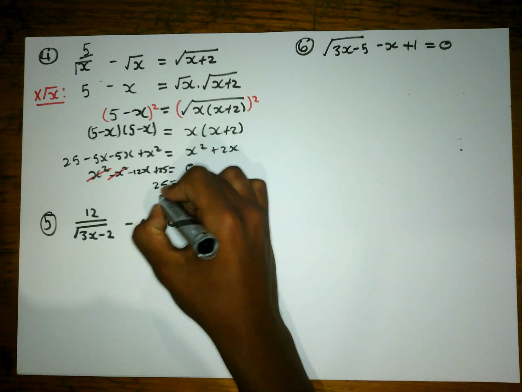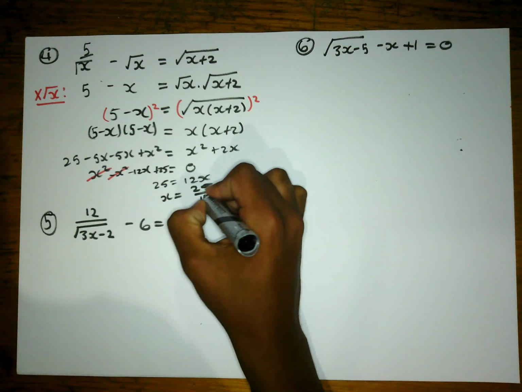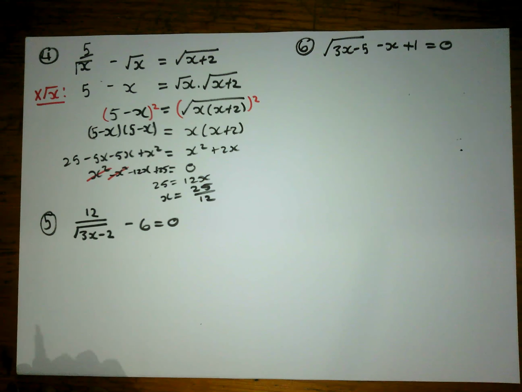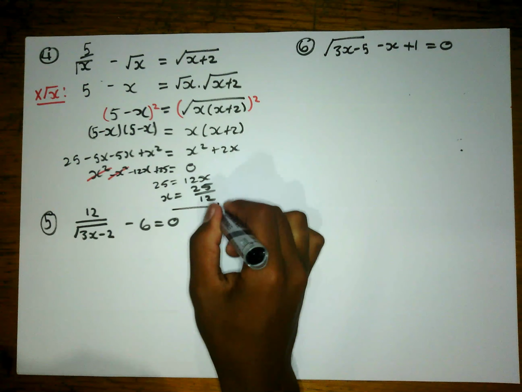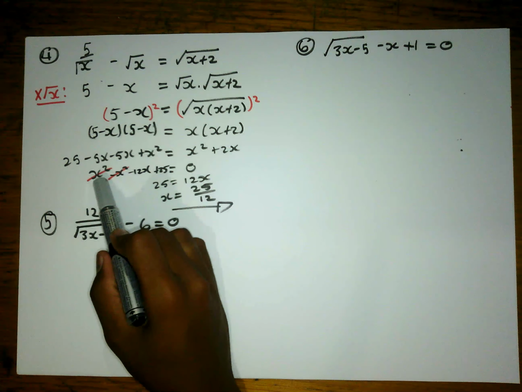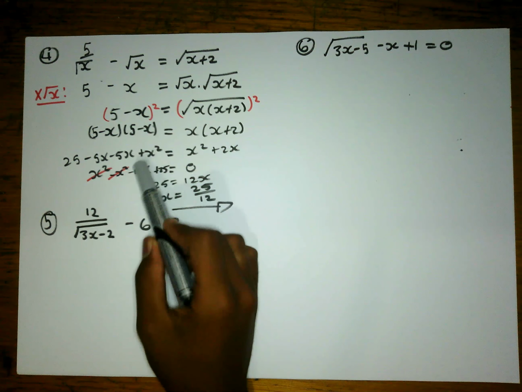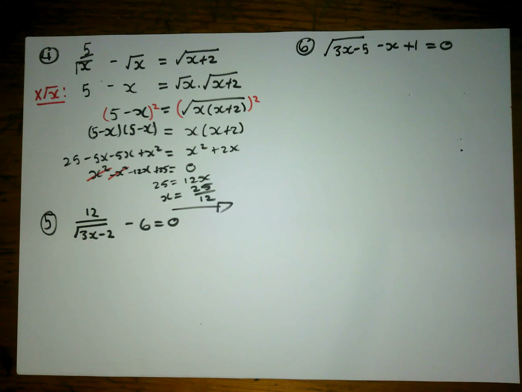Then x equals 25 over 12. That's our final answer. So usually we factorize whenever there is an x squared, but both x squareds cancel. So now we can just solve for x from that value over there.